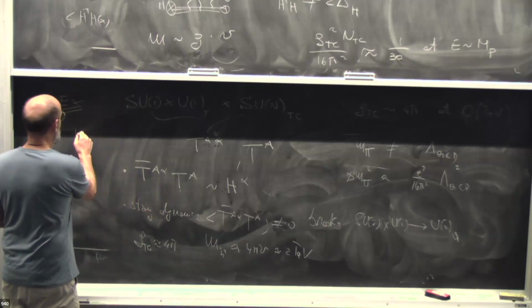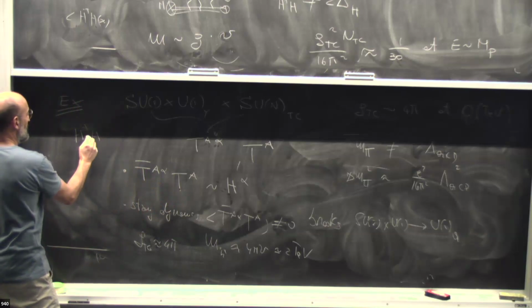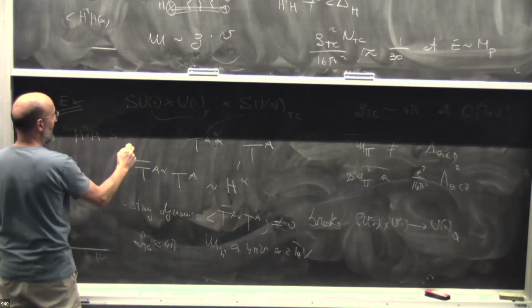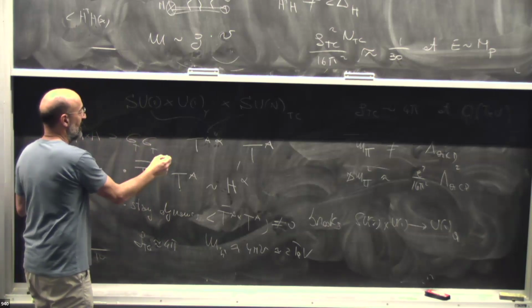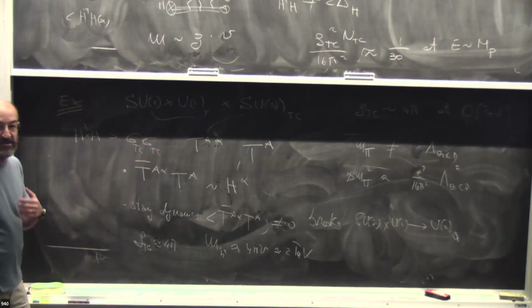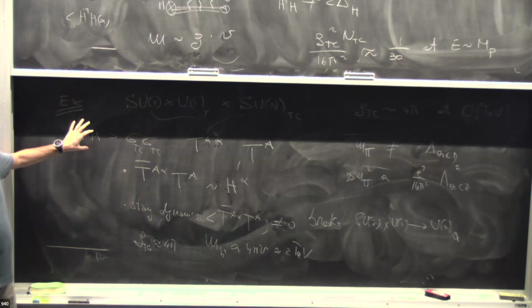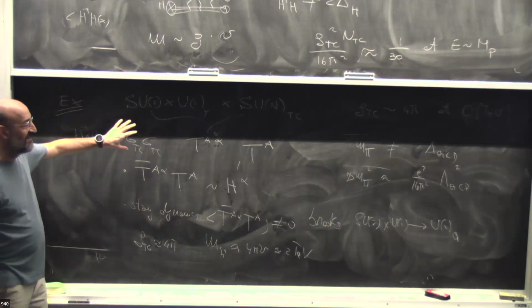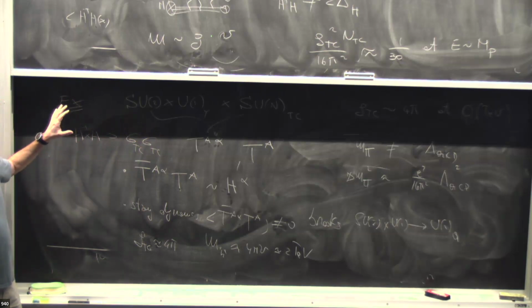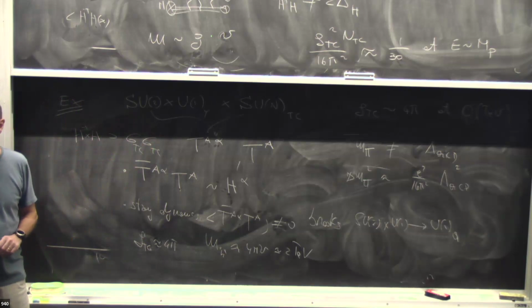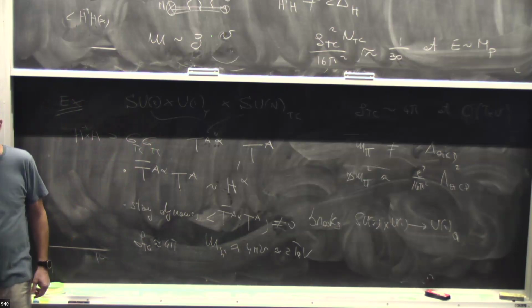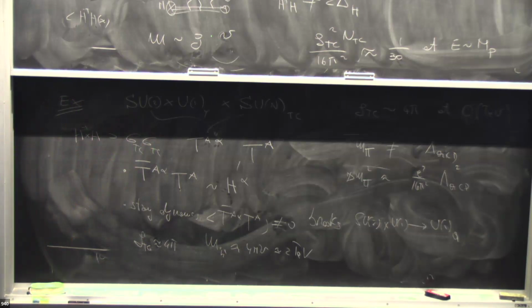This H dagger H product will contain the technigluon kinetic term, and the hierarchy is controlled by that. So in a sense, the Higgs mass is replaced. What in the standard model was the most relevant operator, the Higgs mass, is now the technigluon kinetic term, which is an operator of dimension close to 4 if you start with weak coupling.